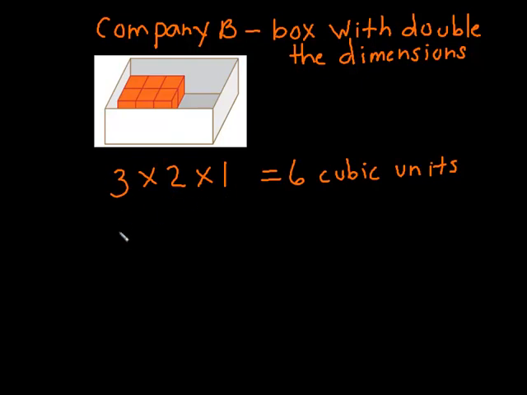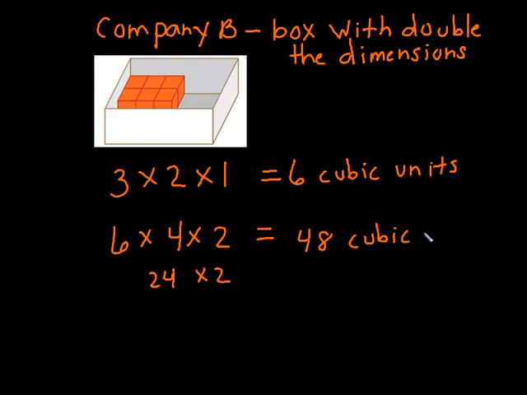So if we double 3, we get 6. If we double 2, we get 4. And if we double 1, we get 2. So these are the new dimensions. They are double the original. So 6 times 4 is 24. 24 times 2 is 48. So it now will hold 48 cubic units.